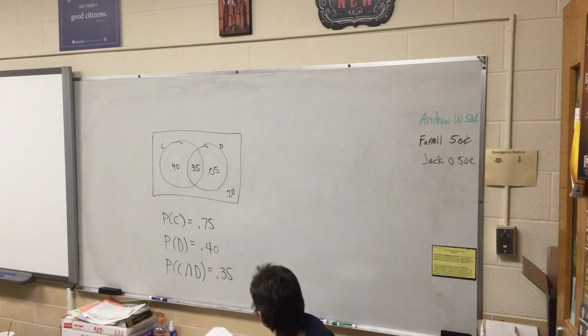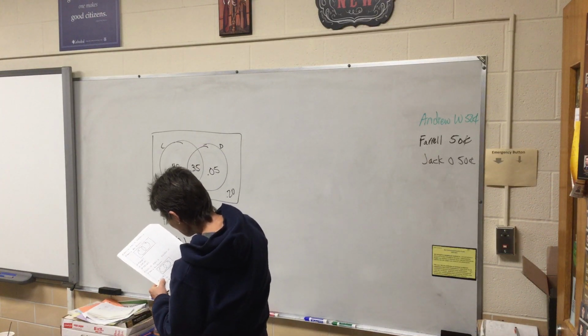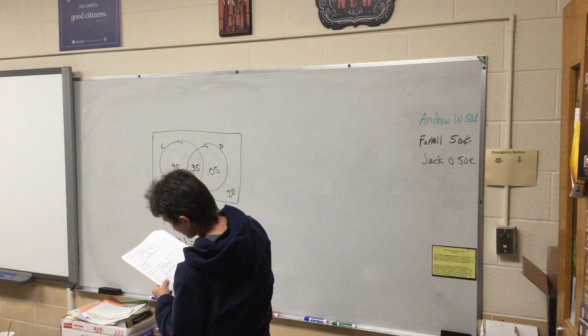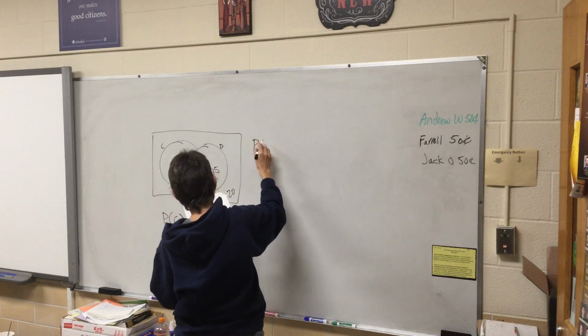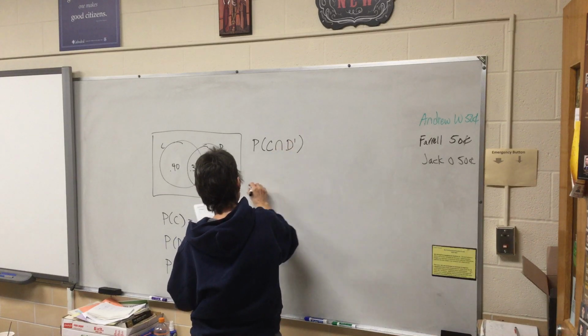All right, so now we're going to answer some questions like we did last time. I think those B's are supposed to be D's. Sorry about that. So change all the B's to D's.